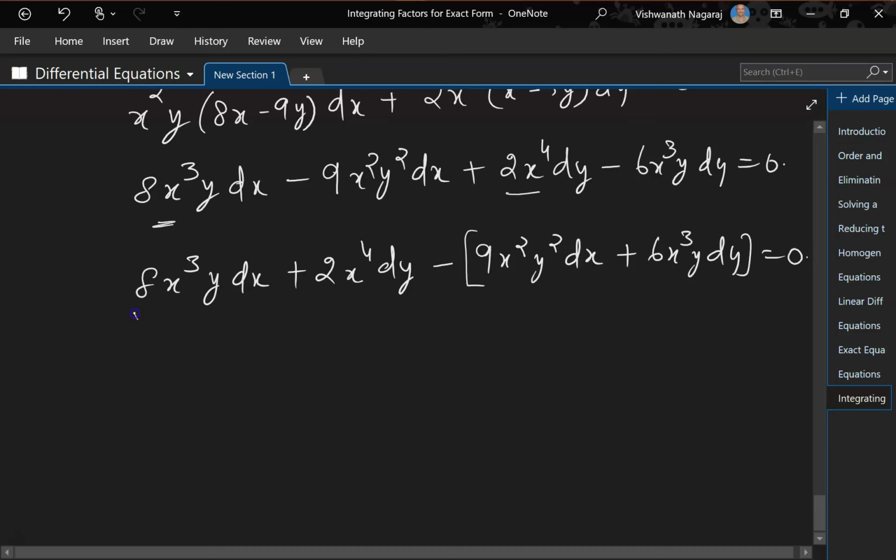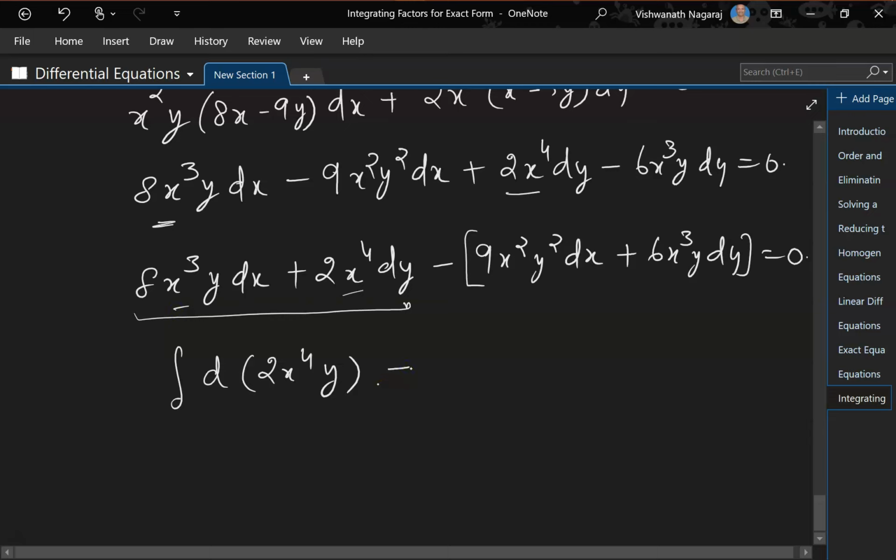Okay, now can we solve this? Yes, this is nothing but the differential of 2x to the power of 4 times y. Just try it out. Apply the product rule. So x to the power of 4 as it is, 2x to the power of 4 as it is dy, so this one. And if you keep y, then this becomes 8x cube, so this one.